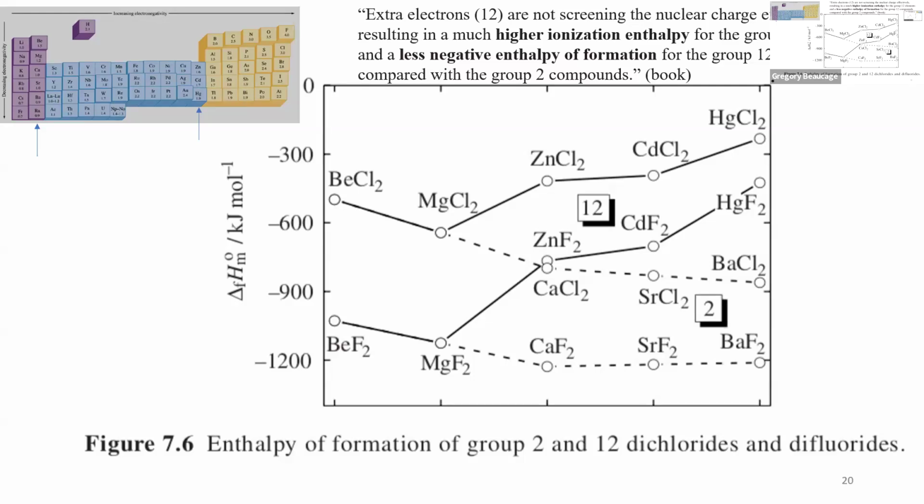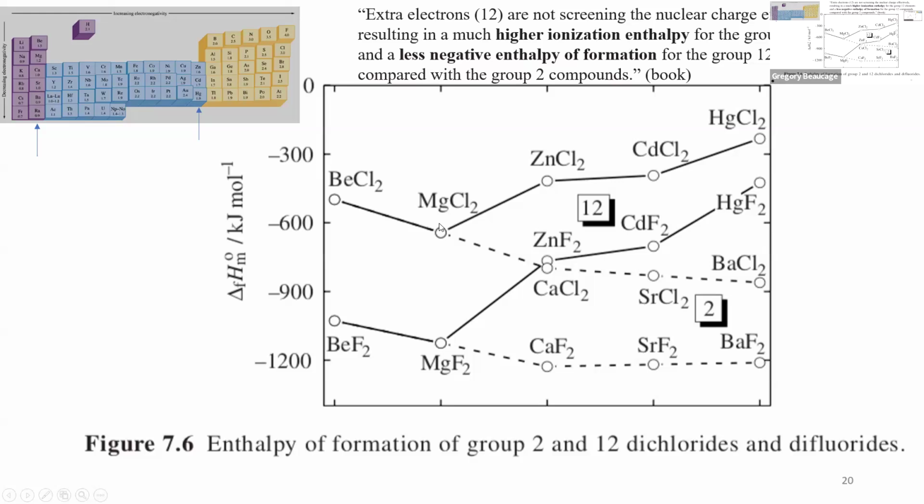This is showing how the transition metals, so he's going across enthalpy of formation, and he's looking across, so it's all Cl2, and then he's going down, let's see, beryllium, magnesium. So he's going down the group, down the group of the second group metals, right?